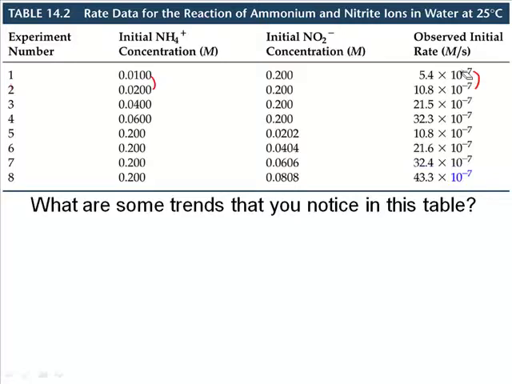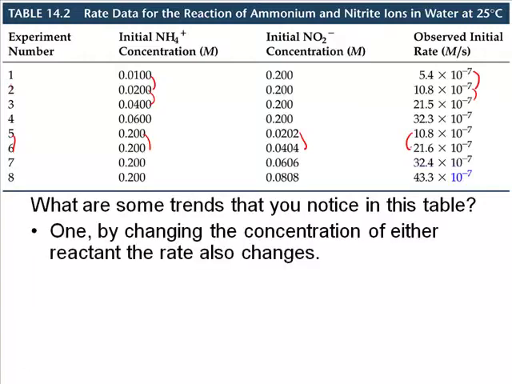Again in experiments 2 to 3, the NH4 concentration is doubling, and again so does the rate. And then from experiment 5 to 6, NH4 remains the same, but NO2 doubles, and again the rate is doubling.